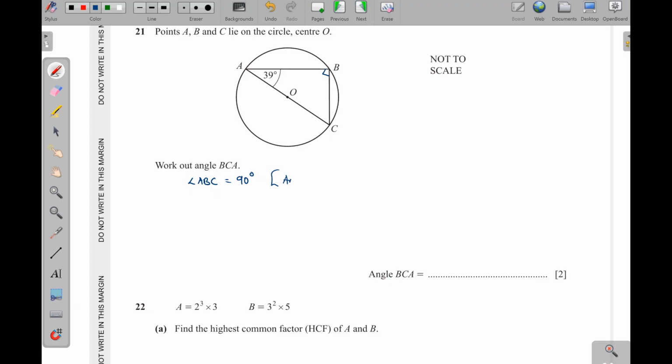We say angle in semicircle is always 90 degrees. Even when you look at circle theorems, we have that theorem that says first of all, you have this point and this one here. Then you have a chord that moves from this point, goes to this one here, and then comes back to this point here.